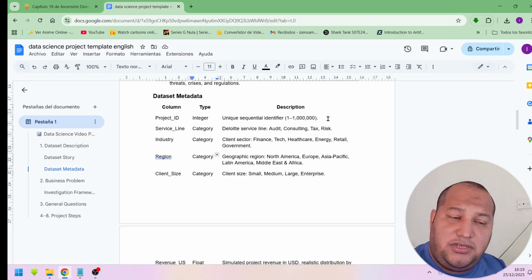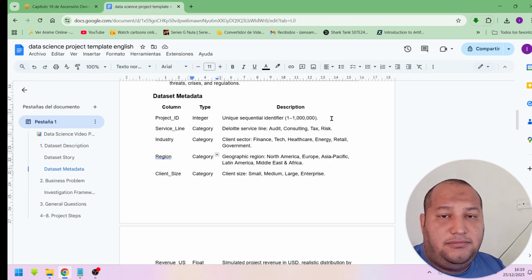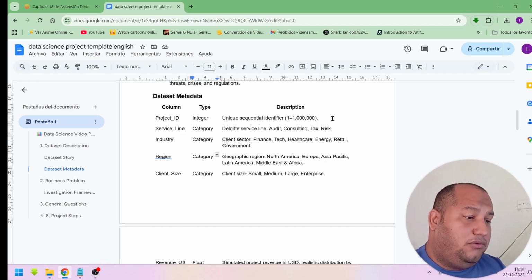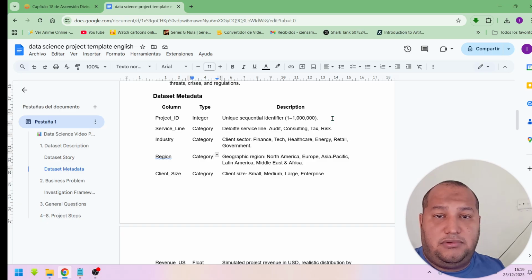For some reason, I created this data set in ChatGPT. You can also do so. You can simulate any data set from any company, and it's super easy. You can do it in any LLM, ChatGPT or any other. You just need to copy the description. This is how I did it.